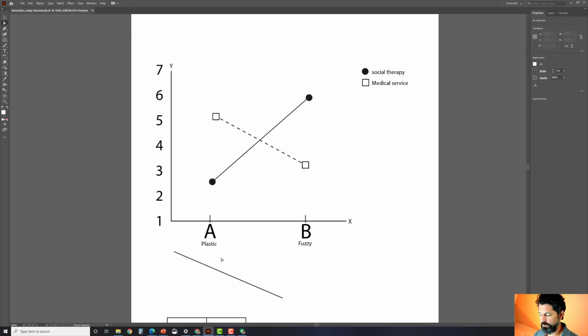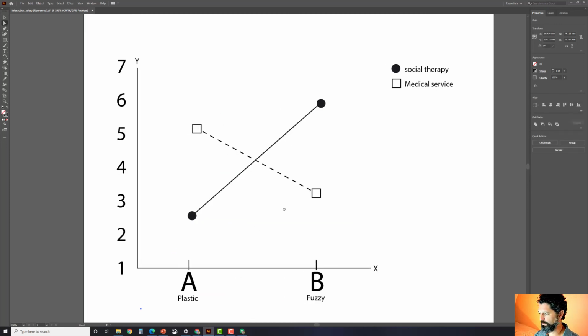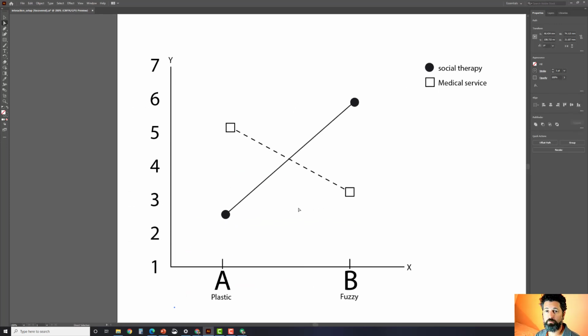All right, so this is what our world looks like. This might be the case. So we would say, okay, if I'm a healthcare robot and I'm delivering some sort of social therapy, grief counseling, post-traumatic stress disorder counseling, something along those lines, then I am better off being a fuzzy robot than a hard plastic robot.